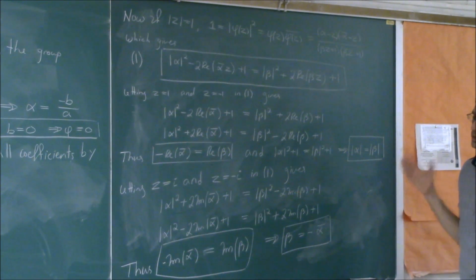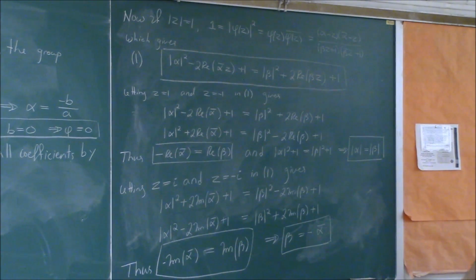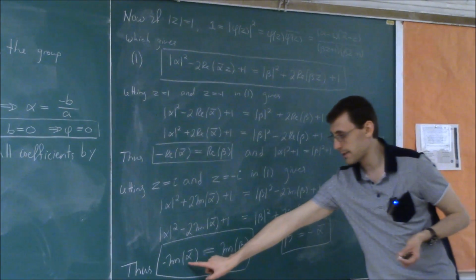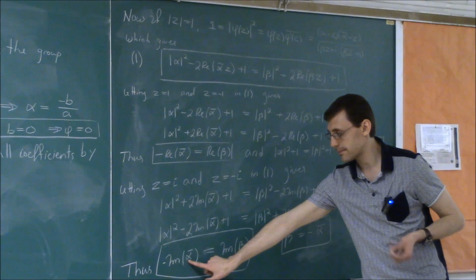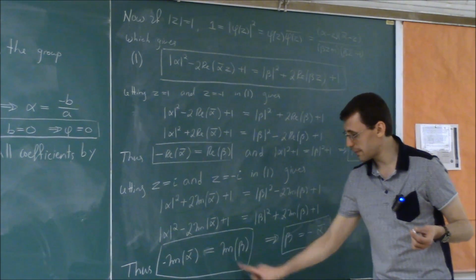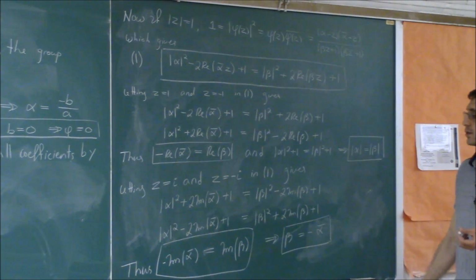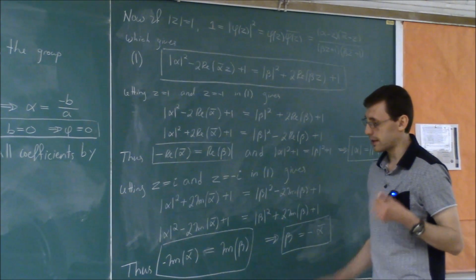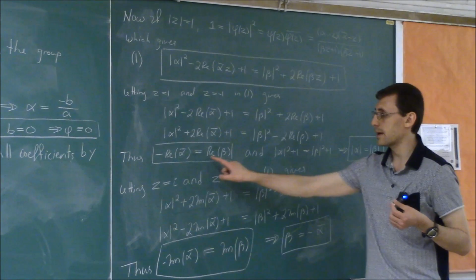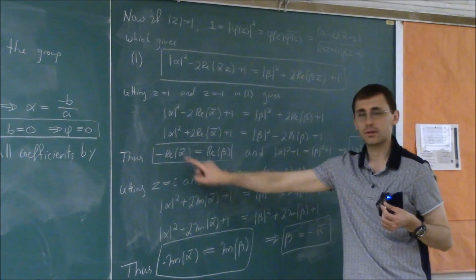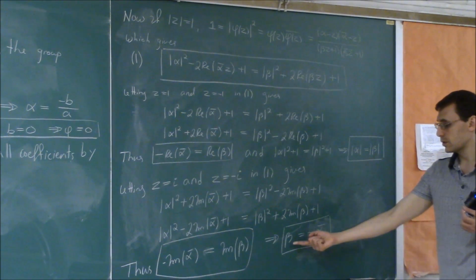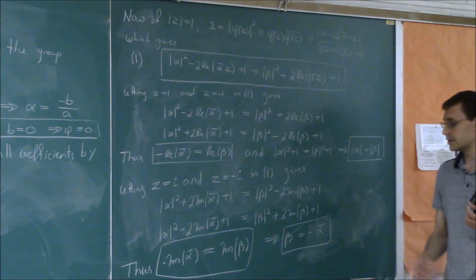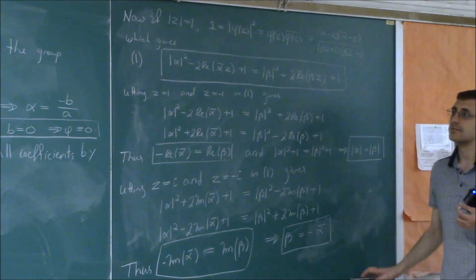Now, doing similar arithmetic with those two equations, I obtain that minus the imaginary part of alpha conjugate is the imaginary part of beta. So since the imaginary part of beta is minus the imaginary part of alpha conjugate, and the real part of beta is minus the real part of alpha conjugate, we conclude that beta is equal to minus alpha.